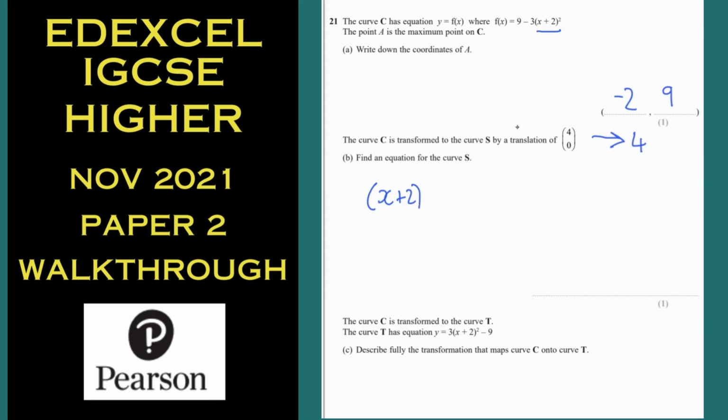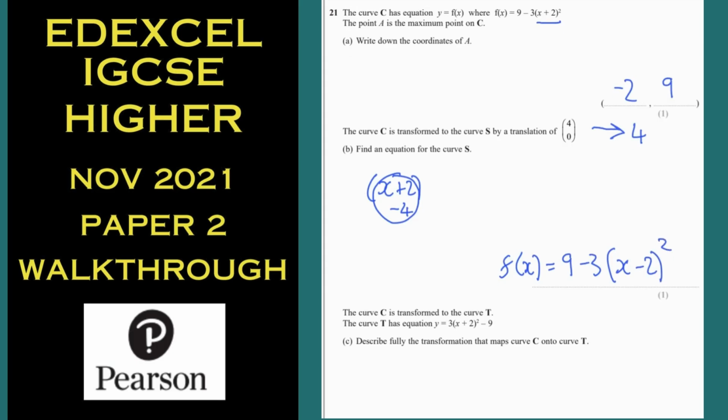When you want to move a curve right 4, you have to subtract 4 from the x part. So x plus 2 take away 4 ends up, the 9 doesn't change, the minus 3 doesn't change, it's this bracket that changes. The x plus 2 take away 4 ends up with x minus 2 all squared.